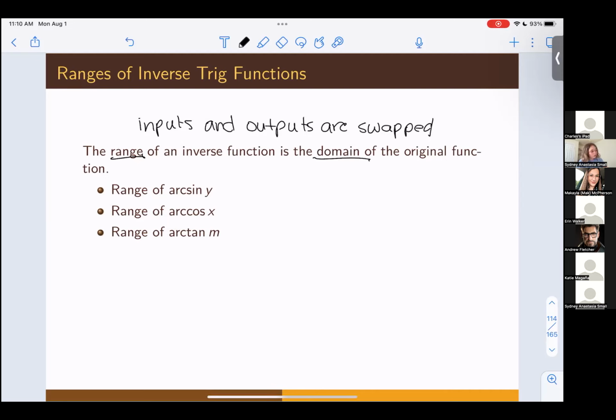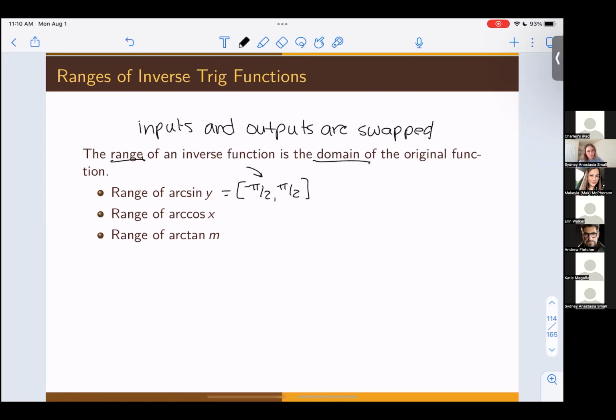So as a result, the range of arcsine, i.e. the y values for arcsine, are -pi/2 to pi/2. For any y value on the unit circle that we put into the arcsine function, it will give us an angle, if we remember these are angles in radians, between -pi/2 and pi/2.